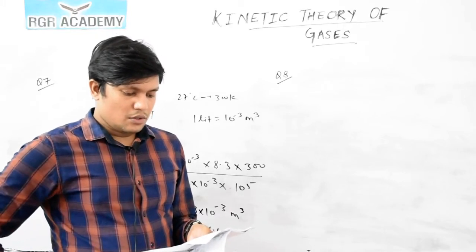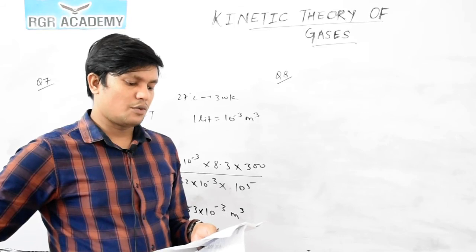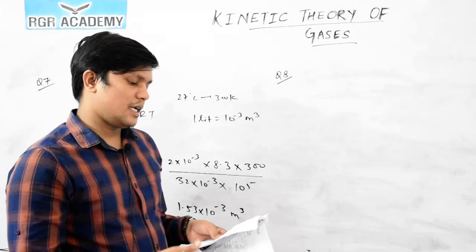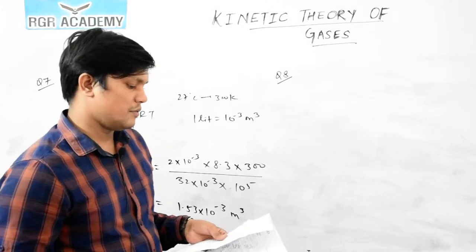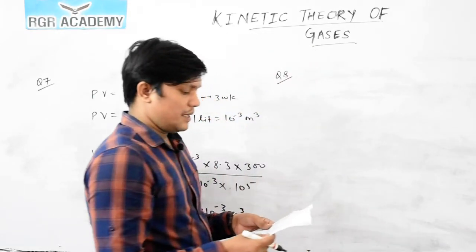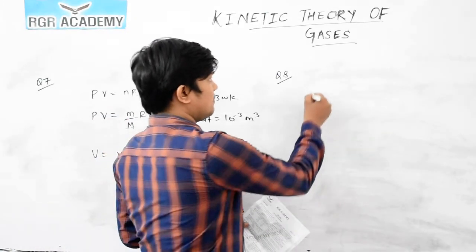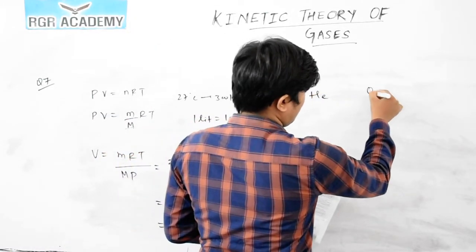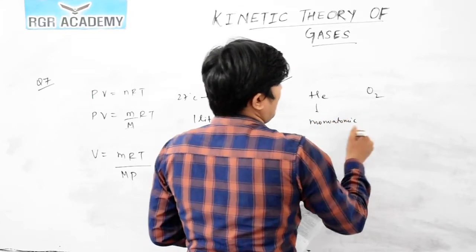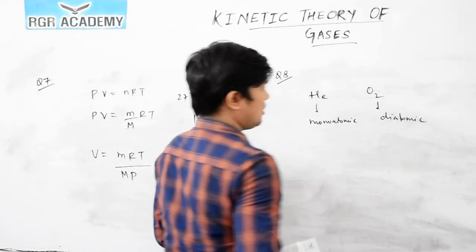So statement 1: equal masses of helium and oxygen are given equal quantities of heat. Then they are asking for which the rise in temperature will be more or less, or the same. So we know that the rise in temperature will be more in the case of helium, because helium is a monatomic gas and oxygen is a diatomic gas. Monatomic gas and diatomic gas.